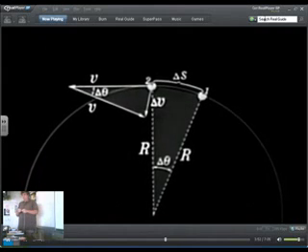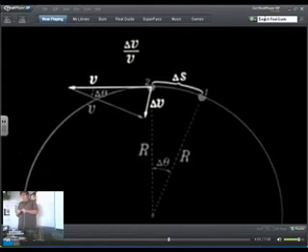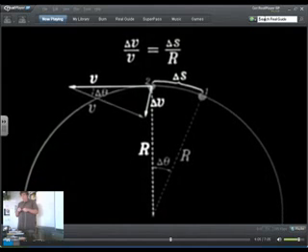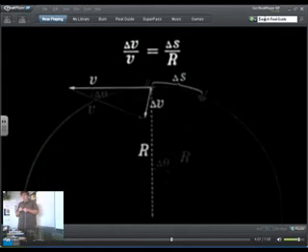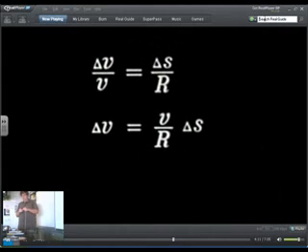Corresponding sides are therefore proportional, or small delta v is to small v as delta s is to r. Therefore, small delta v equals small v over r times delta s.